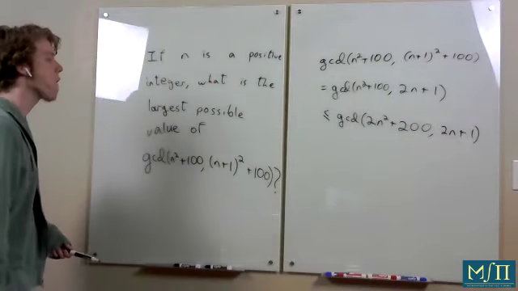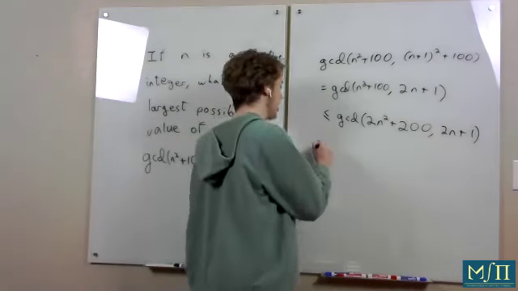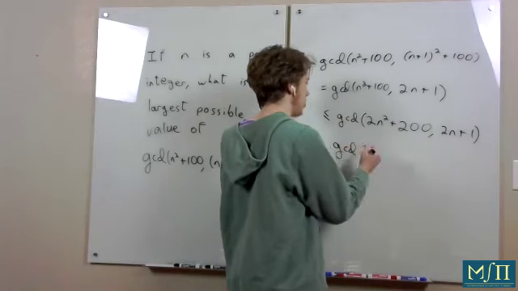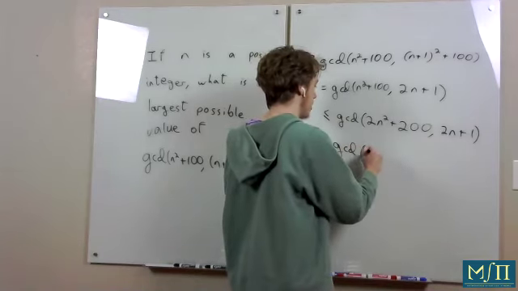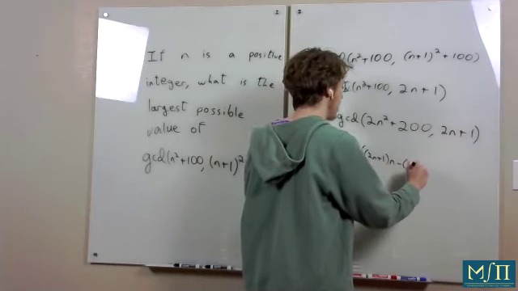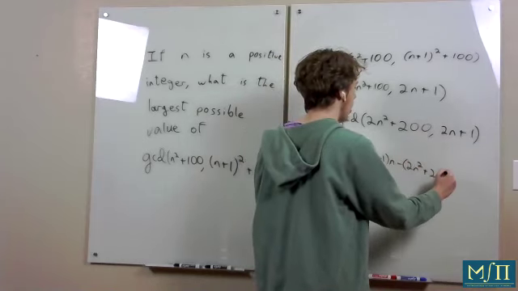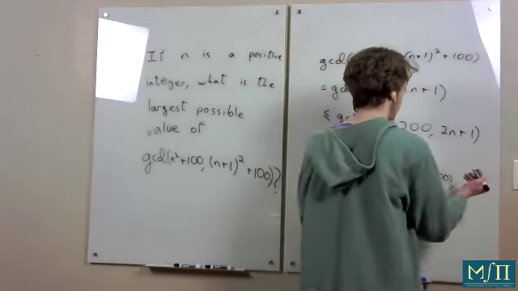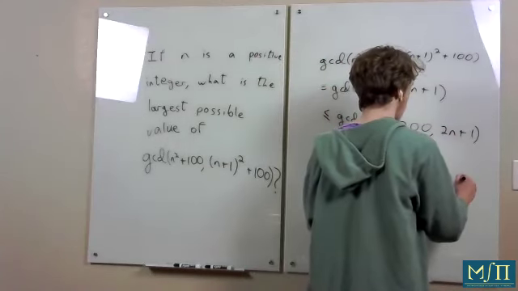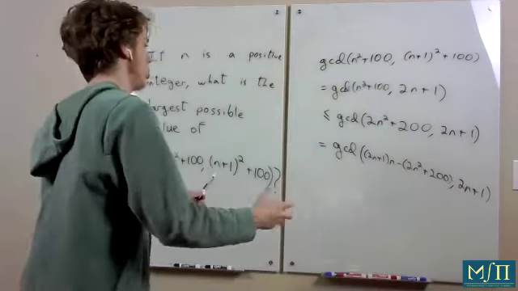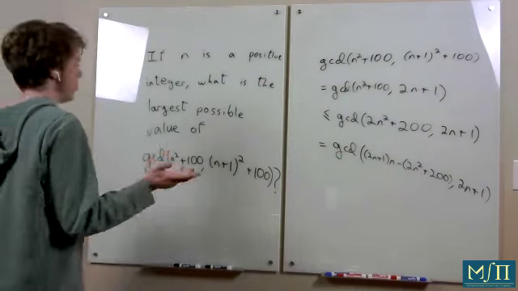Now I'm basically subtracting a multiple, and I can also flip the sign, because we don't care too much about positive versus negative. We're only concerned about the divisors.